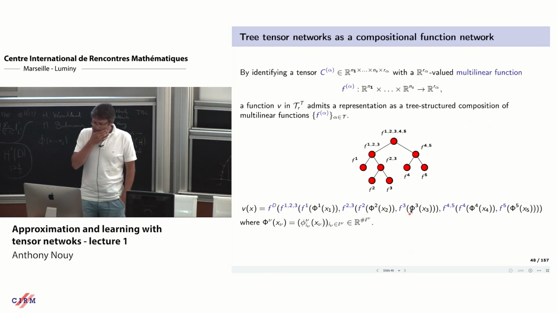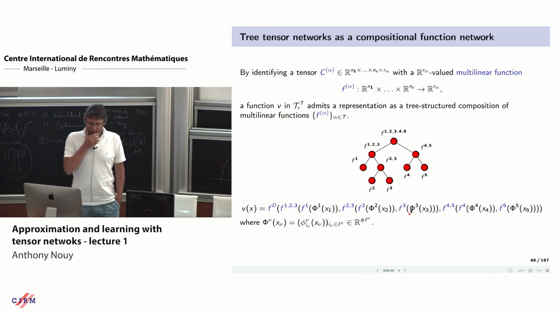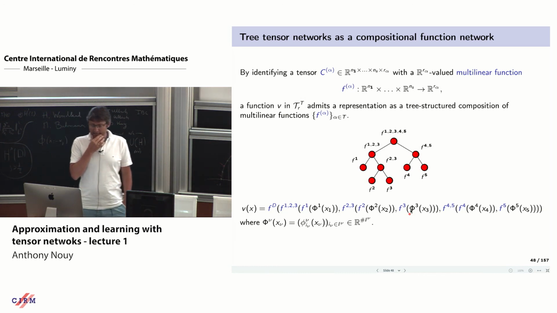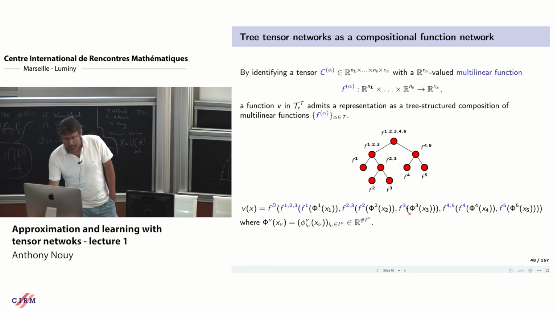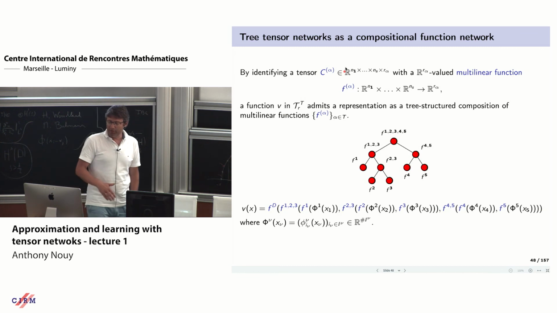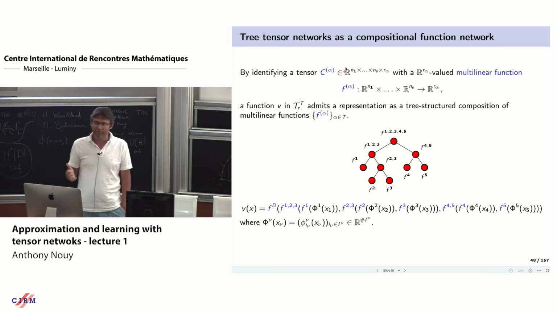Okay, now I would like to give you another interpretation of this hierarchical tensor format as a class of functions that are compositions of functions. A tensor C alpha, which is this multidimensional array, can be identified with a multilinear function.